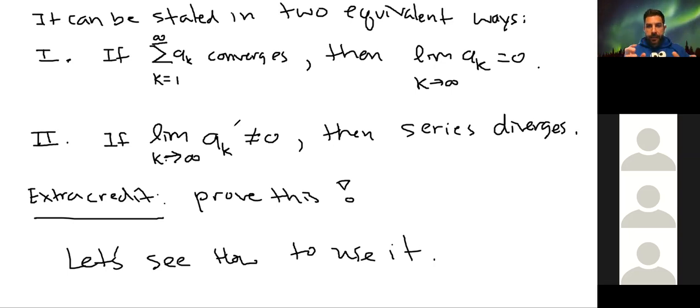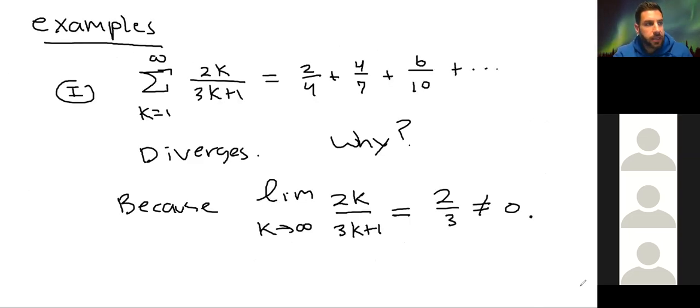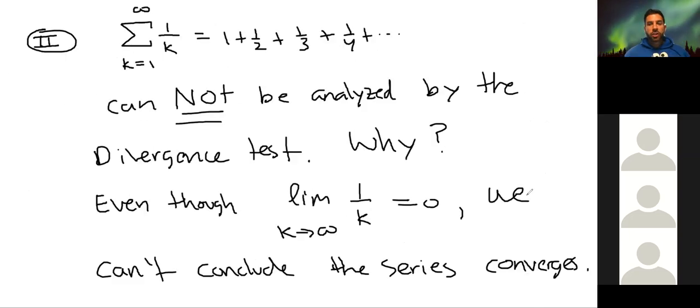So think about that. Think about hypothesis and conclusion in these statements. Think about the if part and then the then part. So this is a good place for you guys as learners to try to really get into these more sophisticated ideas. Just because the terms go to 0, we can't conclude that the series converges.